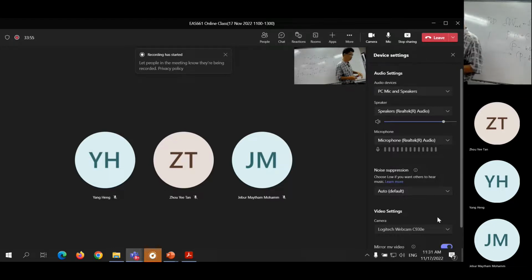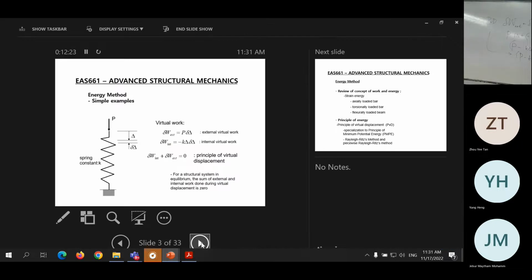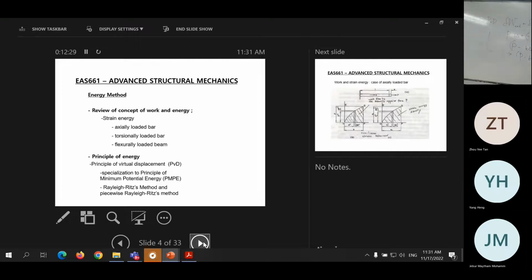So now, later we will come back again to principle of virtual displacement and how actually it can give us the principle that we want to derive in order to solve the problem.